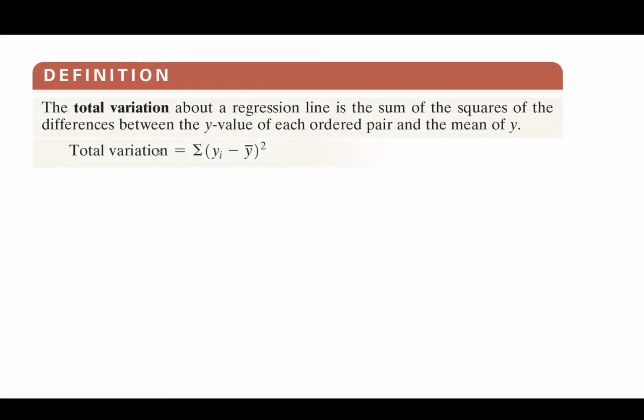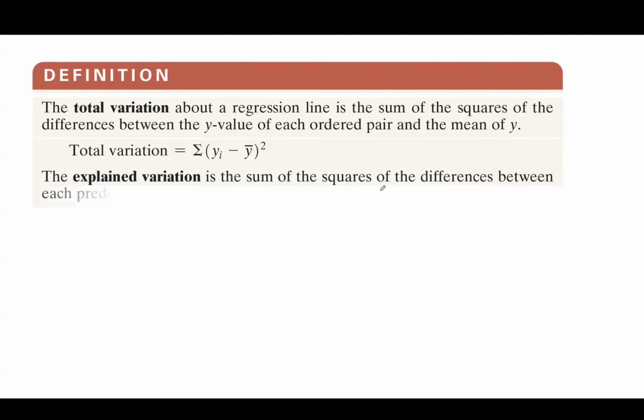Total variation is the summation of the difference between the actual y value and the average y, raised to the second power. The explained variation is the sum of the squares of the differences between each predicted y value and the mean of y. Or you can write it this way.